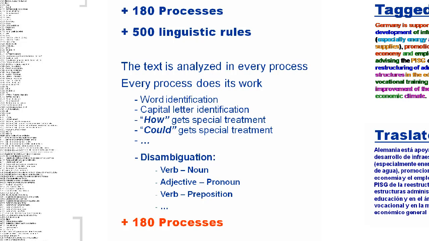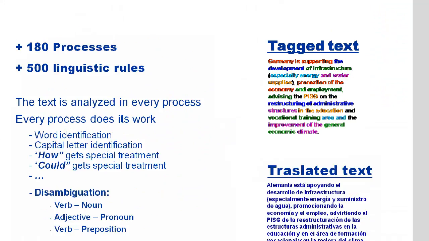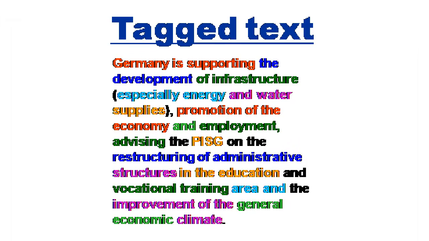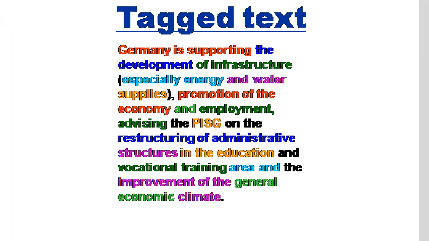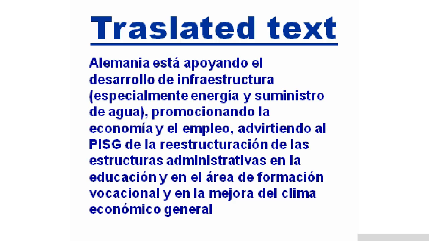The more complicated words like how and could are submitted to their own subroutines, and, of course, their grammatical functions are disambiguated. This is one of the most difficult and important processes in the analysis. Finally, we have a text which is properly analyzed and labeled, parcelized, if you will, and correctly translated into Spanish.